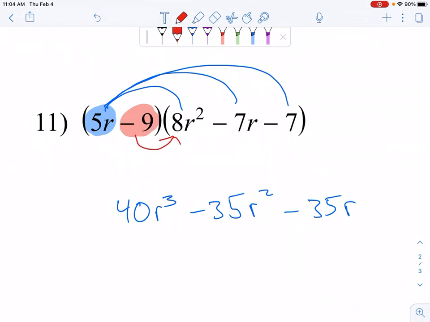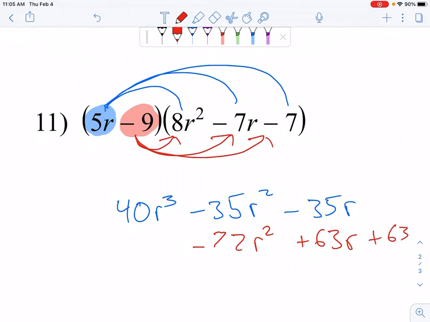My second group in red here, I like to go under. Negative 9 times 8 is going to give me negative 72, and that's r squared. So I'm going to go negative 72 r squareds. Negative 9 times negative 7 is going to give me a positive 63r. And negative 9 times negative 7, again, will give me a positive 63.